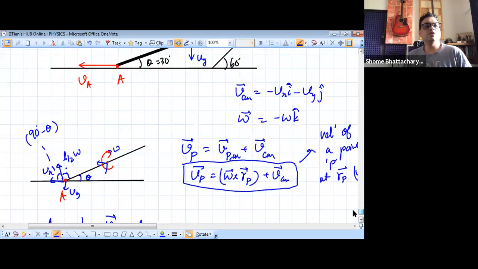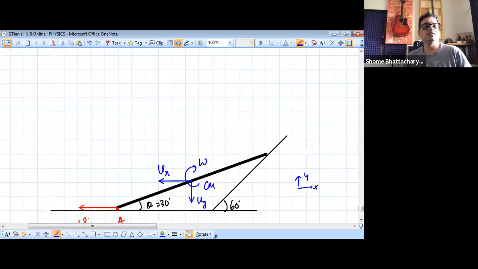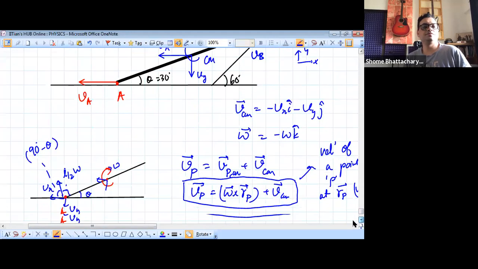And then similarly for the other point, we have the constraint that this point is moving along this axis. So for this, the constraint is a little bit more complicated.